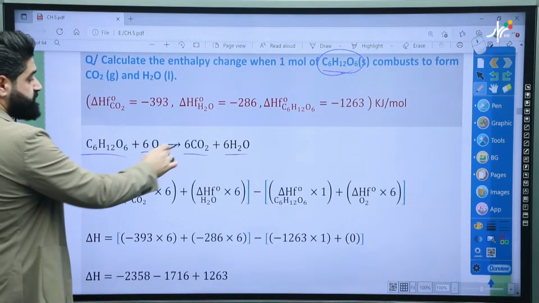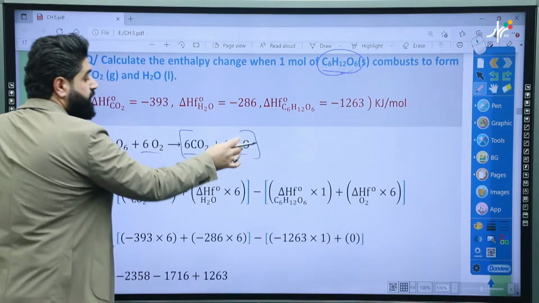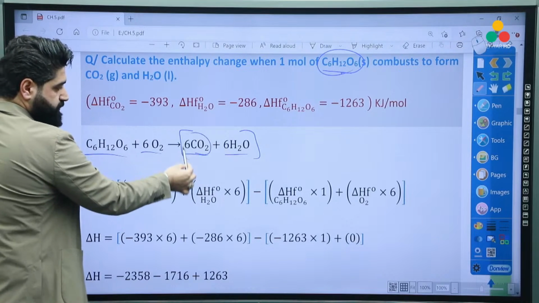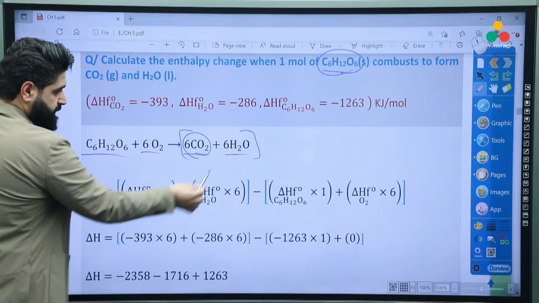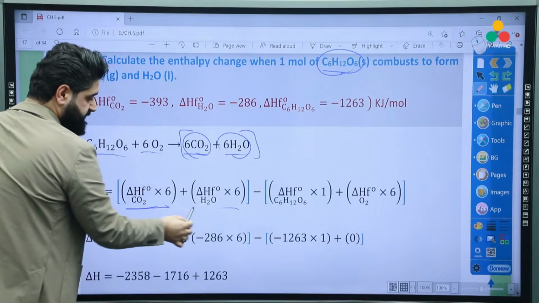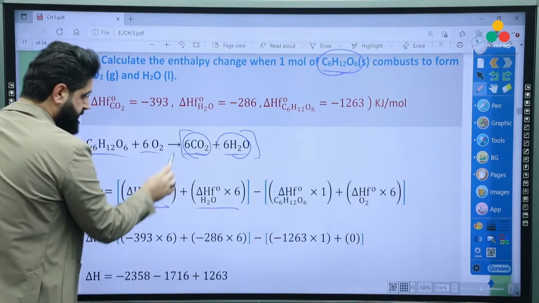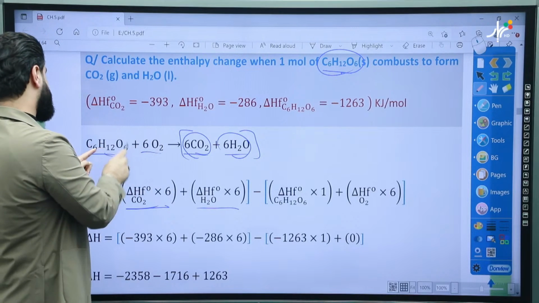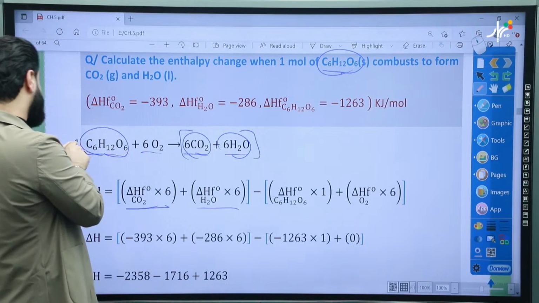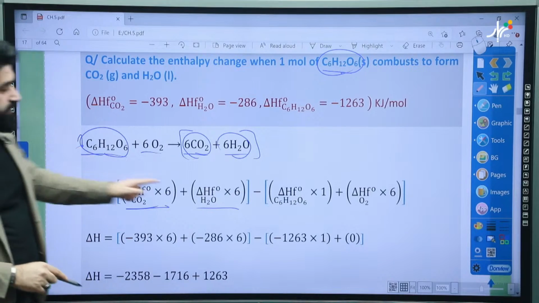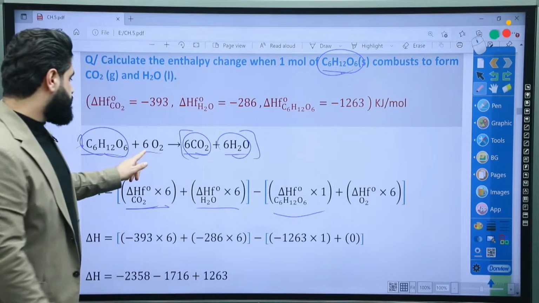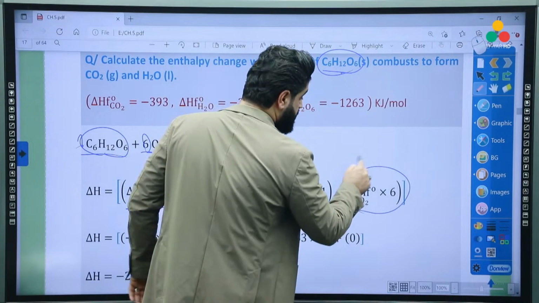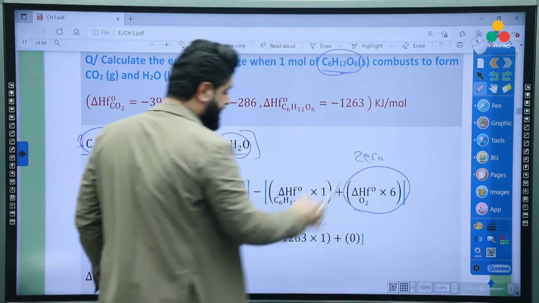Then delta H equals the sum of delta HF for the products times number of their mole. Look, delta HF of CO2 times 6, delta HF of H2O times 6, there will be a plus sign, okay, minus delta HF for the reactants. Delta HF for C6H12O6 times 1, because number of mole is 1, and delta HF for O2 times 6, and it equals 0, so we will neglect this.